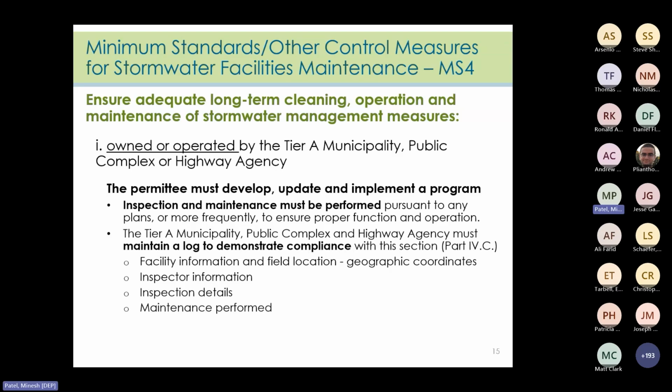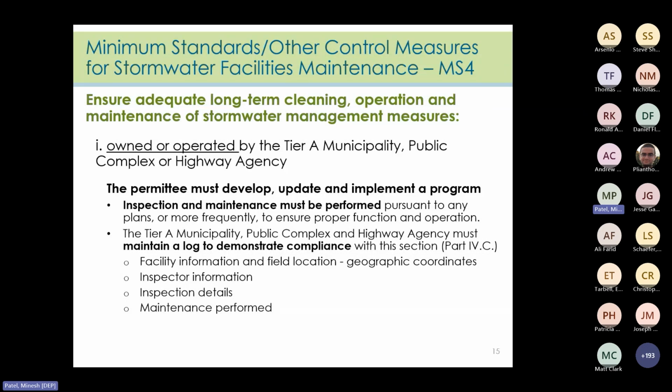The permit requirements for ensuring long-term cleaning, operation, and maintenance are divided into two classes based on ownership or operational status for the Tier A, public complex, and highway agency permit. The first group is facilities that are owned and operated by a municipality.